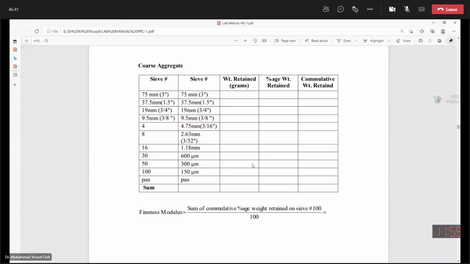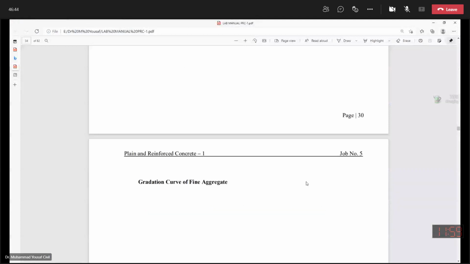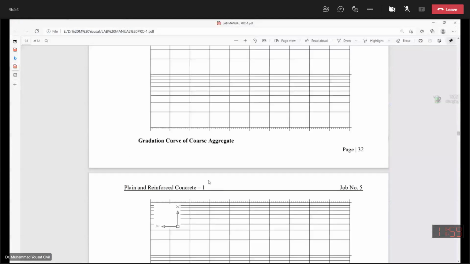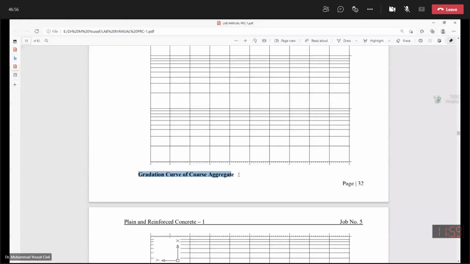So you will be drawing the gradation curve for the coarse aggregate, and you can see that this is the gradation curve which is provided in the report. If you can prepare the report on computers, those will also be welcome.